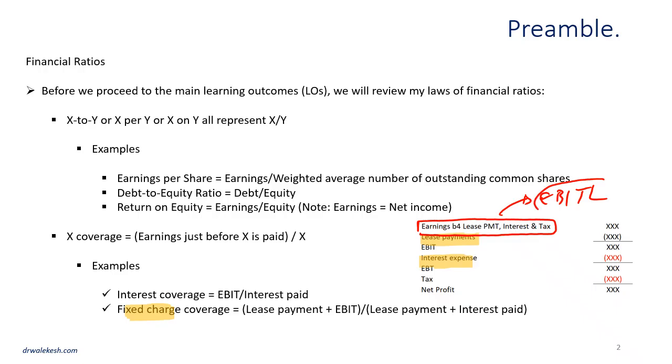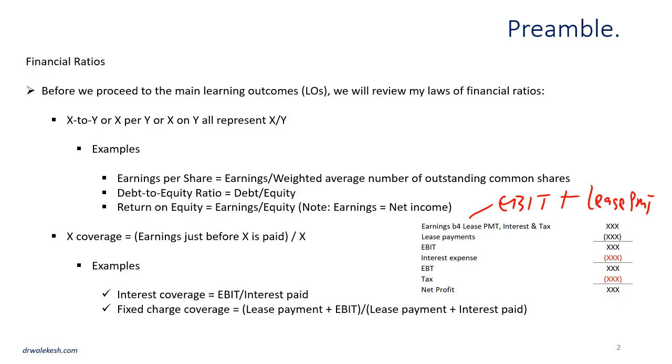But generally speaking, you won't see something of this nature in finance. So it's better to write it as EBIT plus lease payment. So lease payment plus EBIT is the earnings that we earn before the fixed charges.